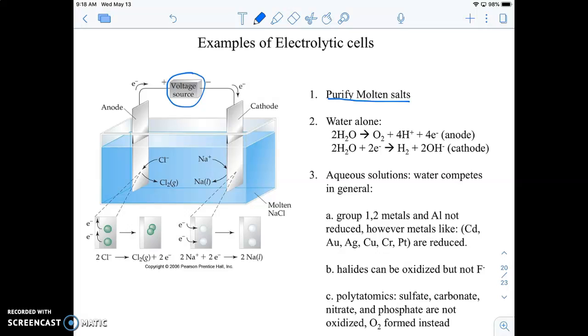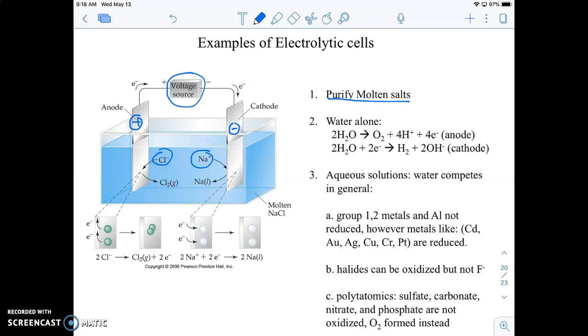Okay, so if we take a look at what's going on in this diagram, I have NaCl ions. So this sodium chloride, it's bonded to each other, but when we dissolve it in water, it breaks up into ions. Okay, so what's going to happen is the anode has a positive charge, the cathode has a negative charge.